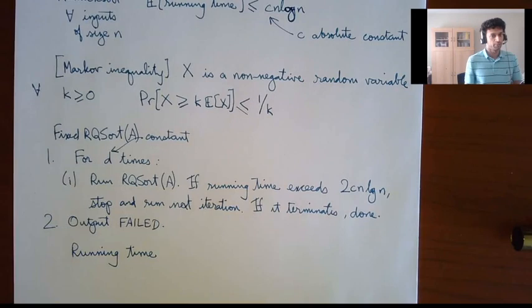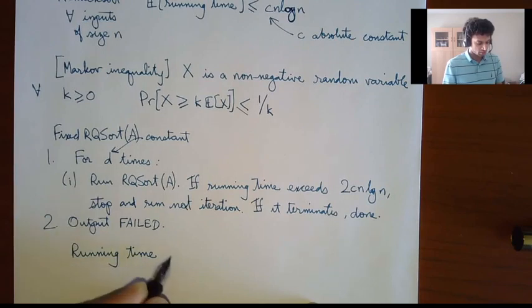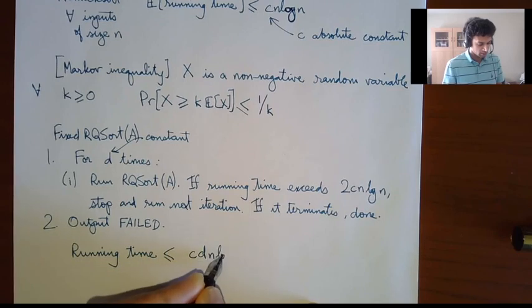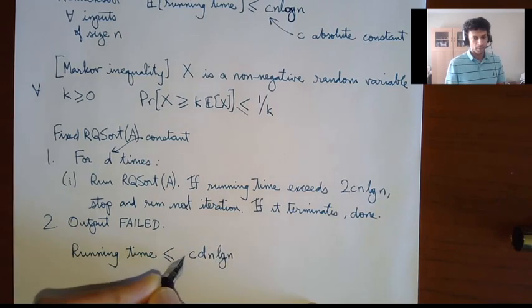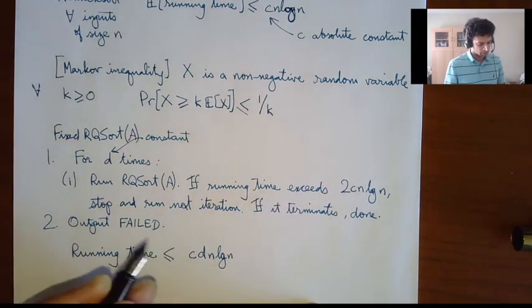But what is the running time of this algorithm? It's basically n log n, or technically it's c d n log n, and maybe there's some constant 2 or 3 over here.